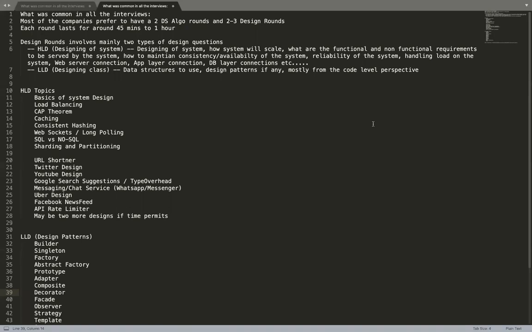Just to give you a very high level idea of the CAP theorem: in a distributed environment or distributed system, you can get either consistency or availability, along with partition tolerance.